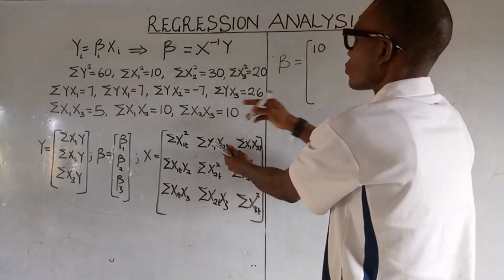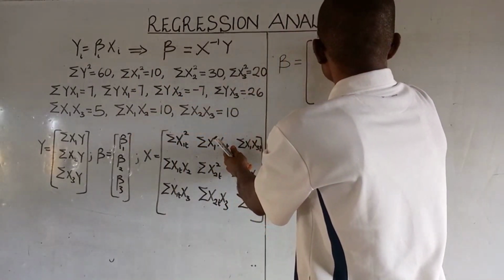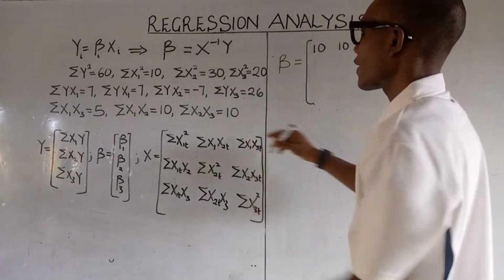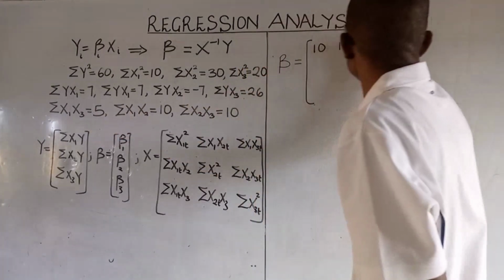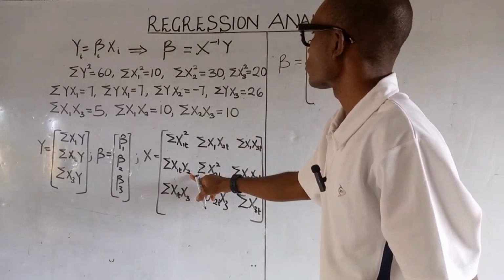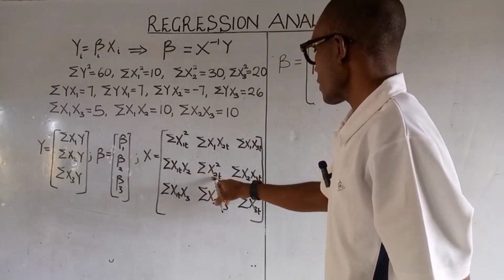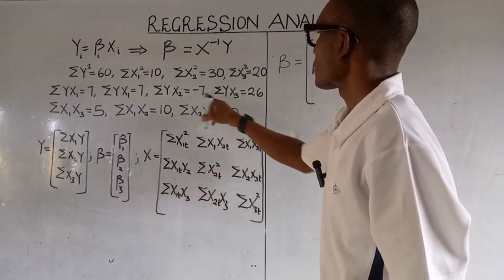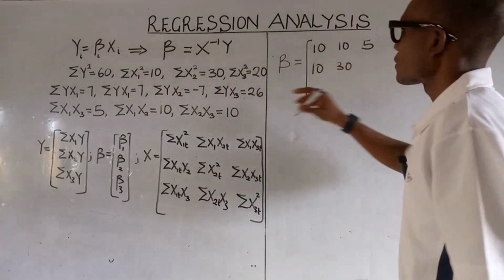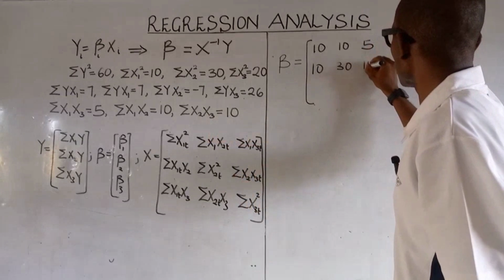Summation of x1, x2 is also 10. Summation of x1, x3 is 5. x1, x2, again, which is 10. x2 squared, which is 30. x2, x3, which is 10.